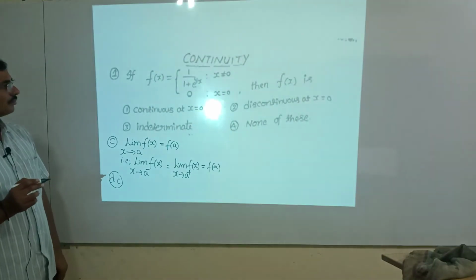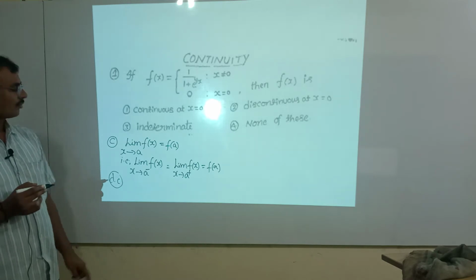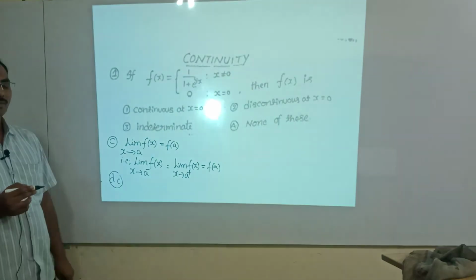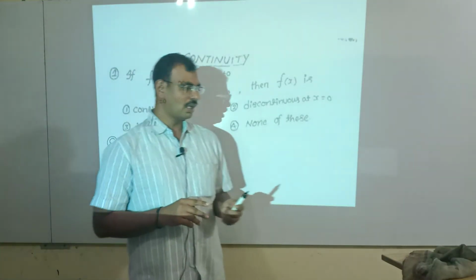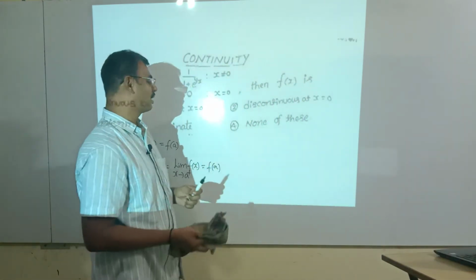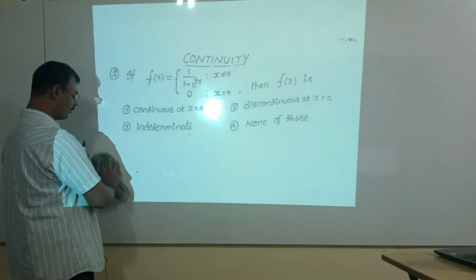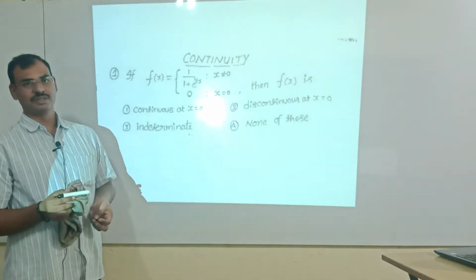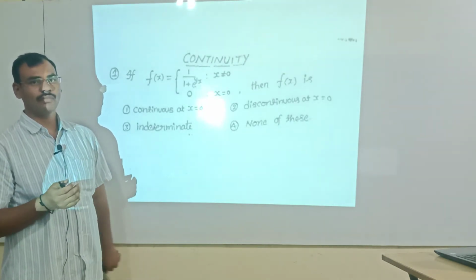So here we have to learn some more properties also. What are the properties I have given in the theory classes? Every polynomial function is continuous. This is the shortcut, remember all of you. Every polynomial function is continuous everywhere.